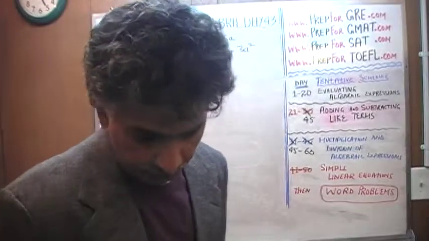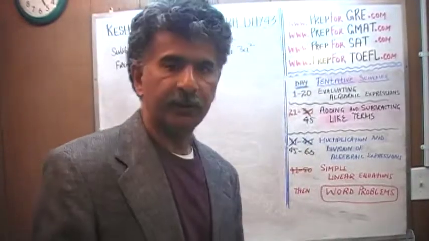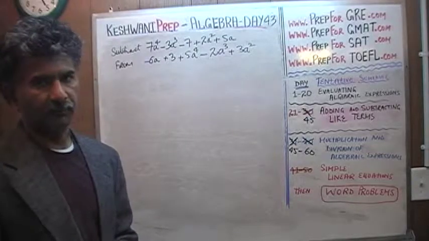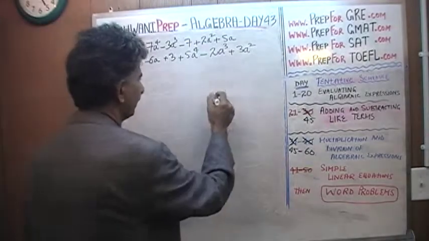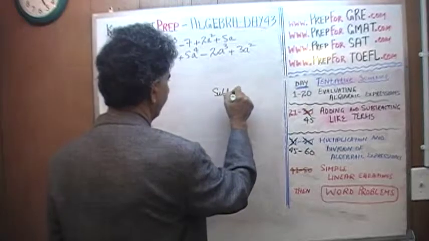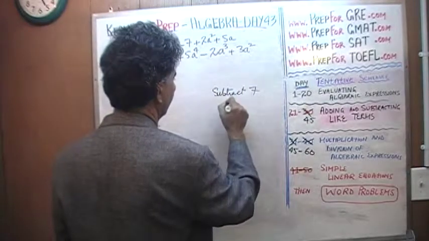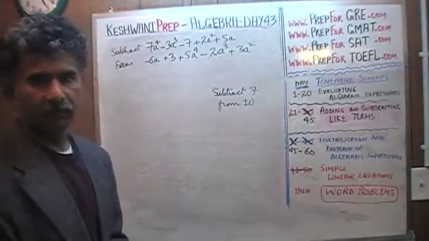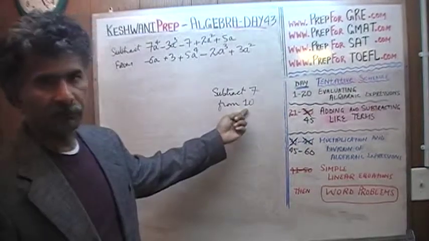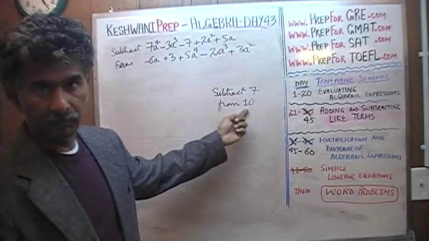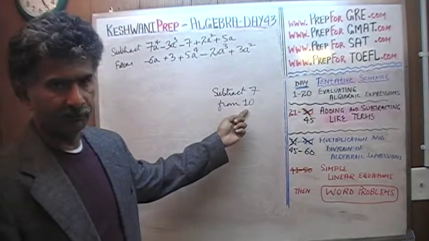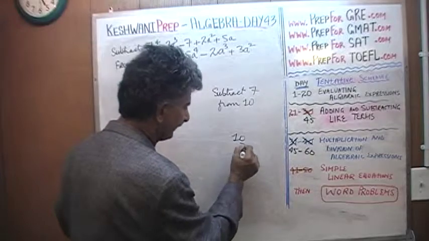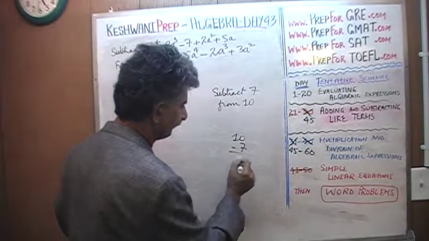Well, two things we have to keep in mind. First thing we have to keep in mind is that when we are subtracting one expression from the other, it's just like subtracting one number from the other. So if we are told to subtract 7 from 10, even though 10 appears later in the sentence, the 10 has to go on the top, 10 has to go first, and then subtract 7 from 10.